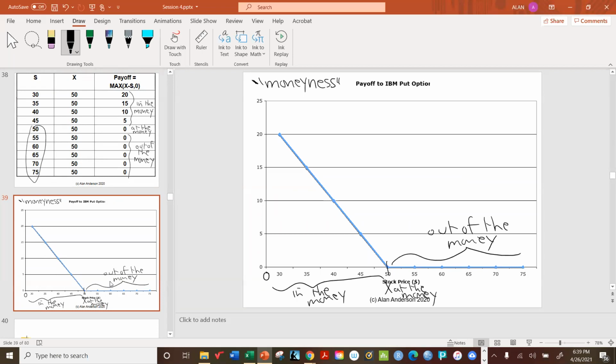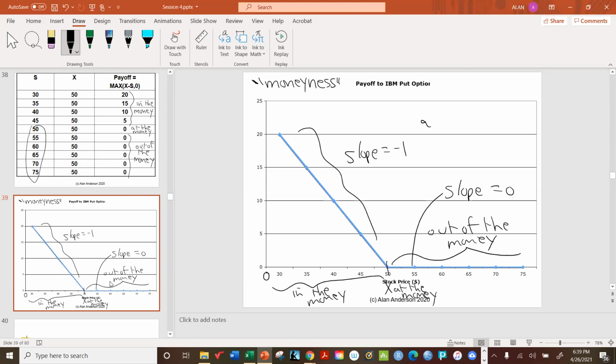And of course, now what comes next is we're going to show the profits and losses where we have to take into account the $2 that we paid for this option. So we're basically shifting this down by $2. But again, because that's a constant amount, the slopes won't change. Okay, and by the way, the slope down here is 0. And up here, the slope is actually -1.